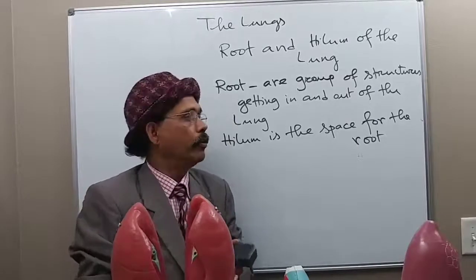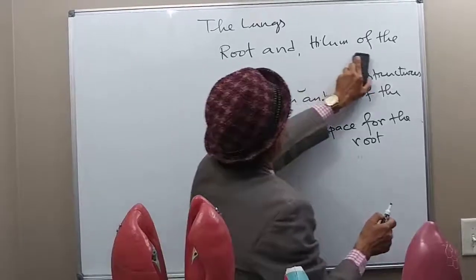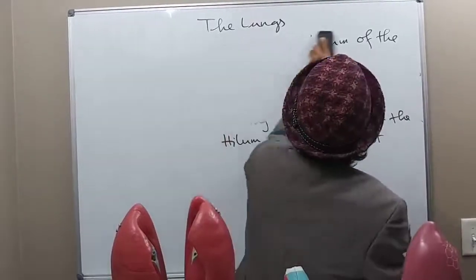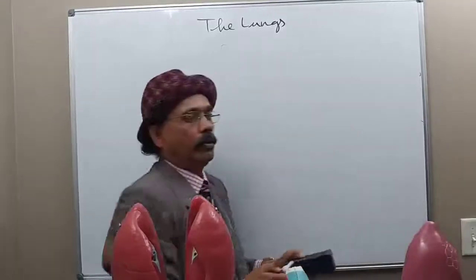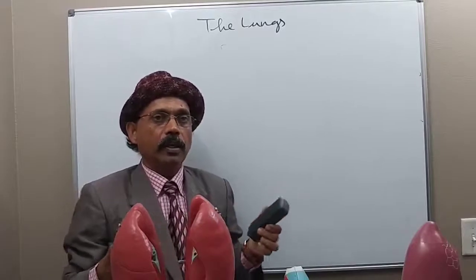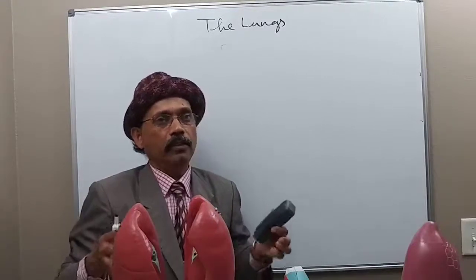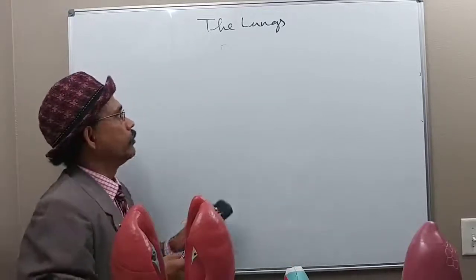Okay. We got that. Now we'll find out the structures in the root of the right lung and left lung. This structure connects the mediastinal structures to the lung by the roots.